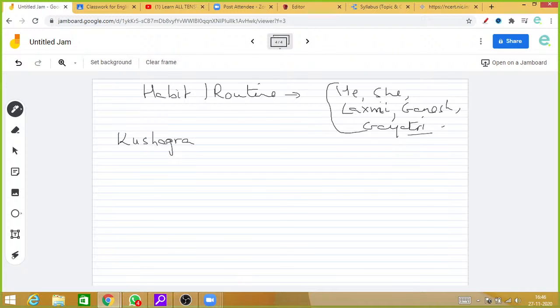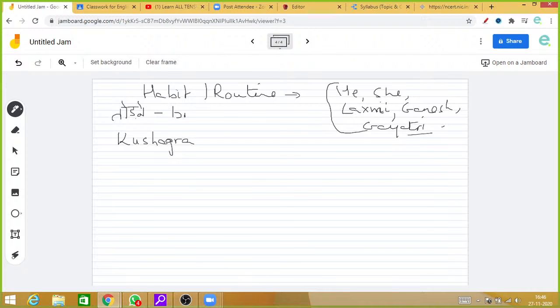What is his daily routine? Is there something that he does regularly which you don't like? Ma'am, I don't like him. Why? Because of something? What does he do that makes you not like him? Ma'am, he is very small, so he breaks all my things. So he breaks. What do you say for "तोड़ना" in English?